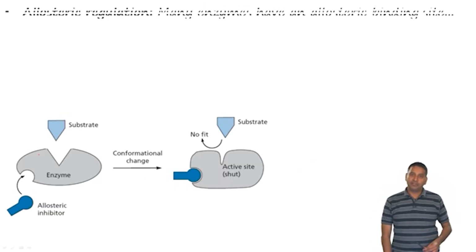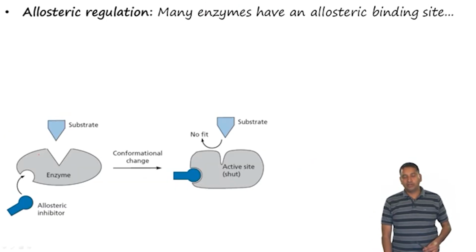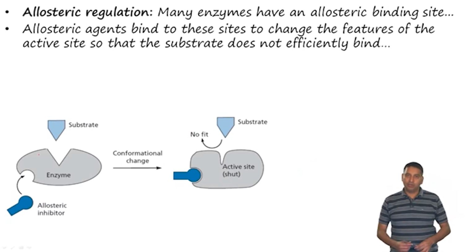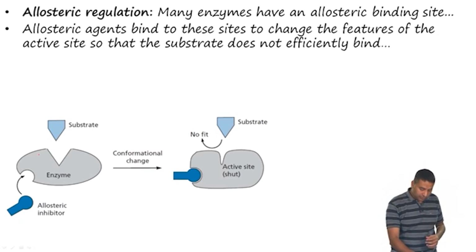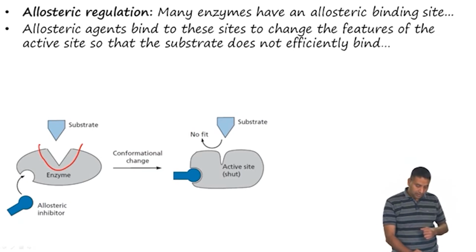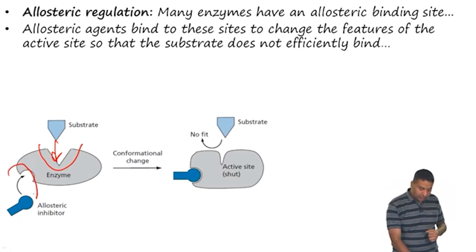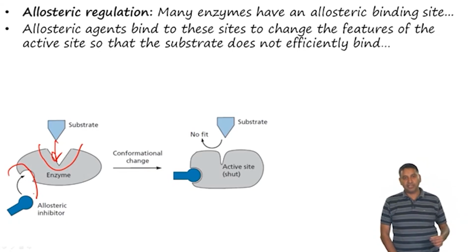The other way in which enzymes can be regulated is through allosteric regulation. Allosteric sites are nothing but sites which are not at the active site, but are in a remote location. Here is a schematic representation. Imagine that this is the active site of the enzyme, and here is where the substrate binds. You could have another site on the side, which is an allosteric site.